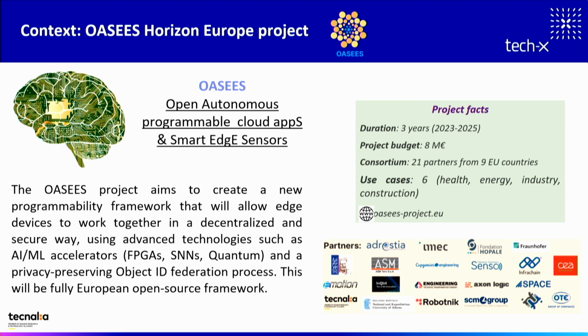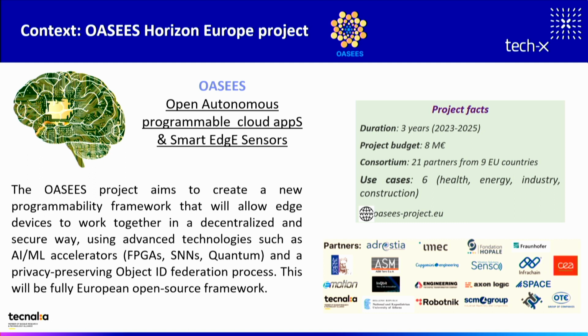OASIS, Open Autonomous Programmable Cloud Apps and Smart Edge Sensors, is a project in the area and the destination of data of Horizon Europe that is dealing in creating a new programmability framework for edge devices with two main aspects, focusing on decentralized intelligence based on advanced analytics and using also a schema of federated identity for the devices. And the idea is to provide this framework as open source at the end of the project.